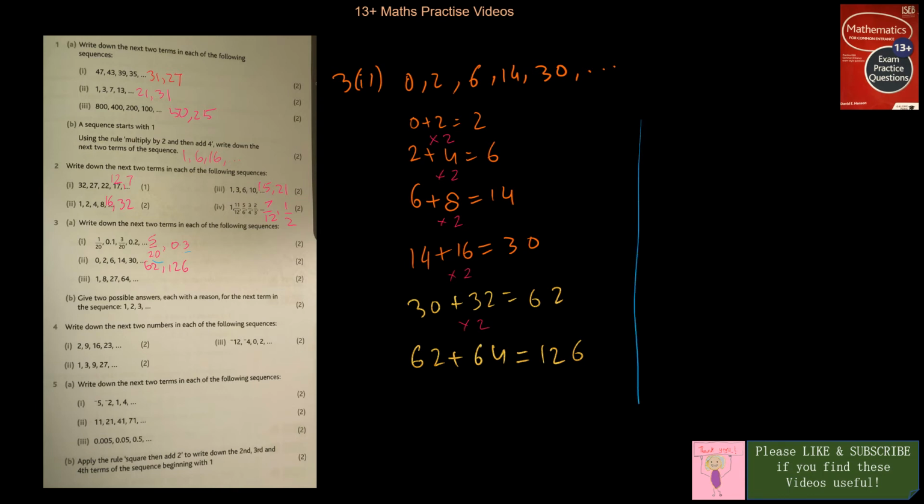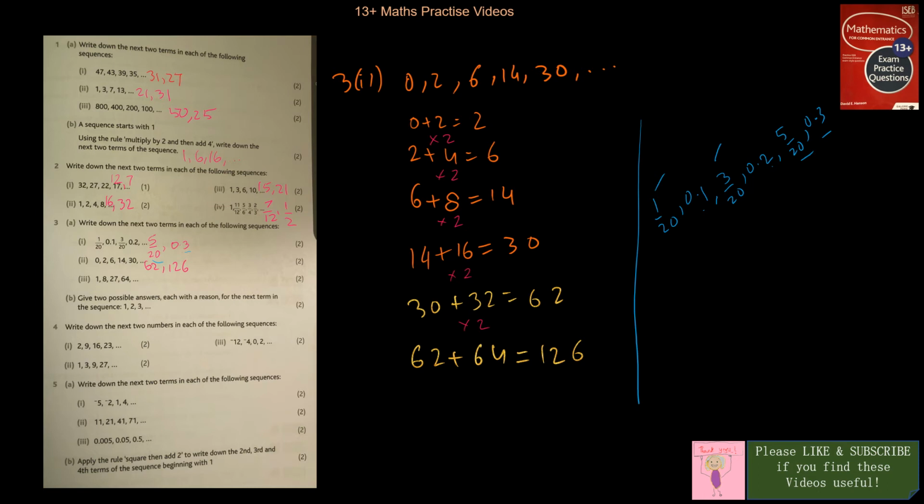So what we have is 1 by 20, then we have 0.1, then we have 3 by 20, then we have 0.2. So the next one is going to be 1 in this series. So 1 by 20, 3 by 20 is going to be 5 out of 20, and the next one is 0.1, 0.2, 0.3. So that's why I put my next two terms as 5 by 20 and 0.3.